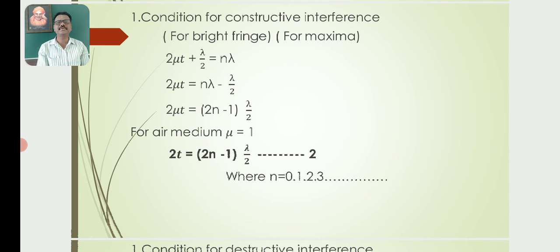Then 2t is equal to (2n minus 1) lambda by 2. Let this be equation number 2, where n takes integral values, say n is equal to 0, 1, 2, 3, etc. This is the condition for constructive interference, the condition for a bright fringe, or the condition for maxima.